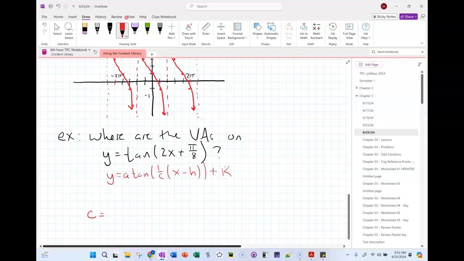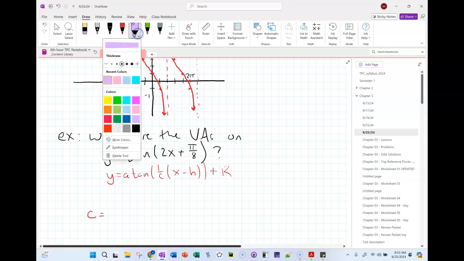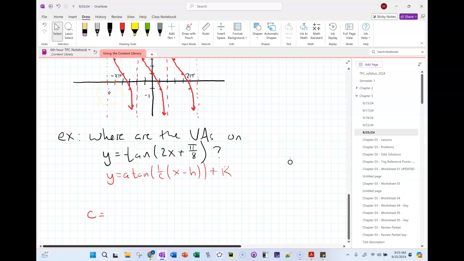So if I look at this, what should the c be? 1/2 sounds great, right? If the coefficient on x is my 1/c, its reciprocal should be just c. Then we need to find h.